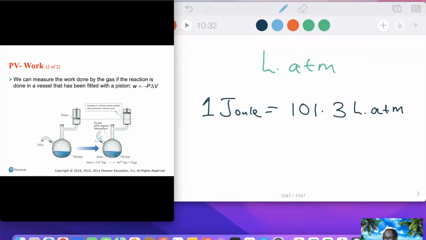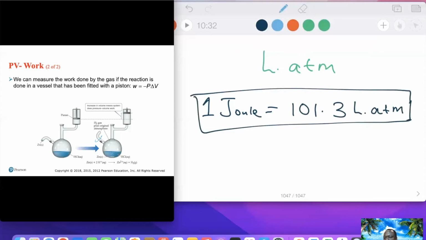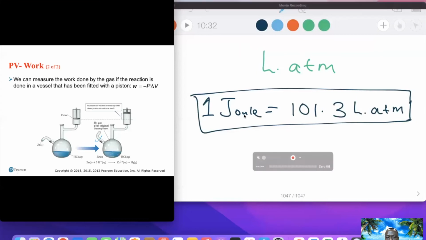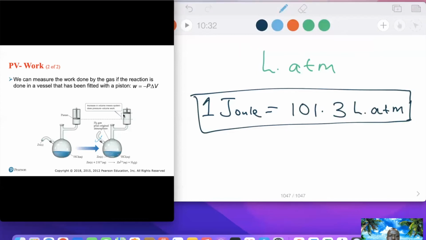You will need this to convert to joules. Maybe I'll give you this in the exam, but when you're doing the MyLab and Mastering assignment, you may need this conversion factor so that you express the work in joules.